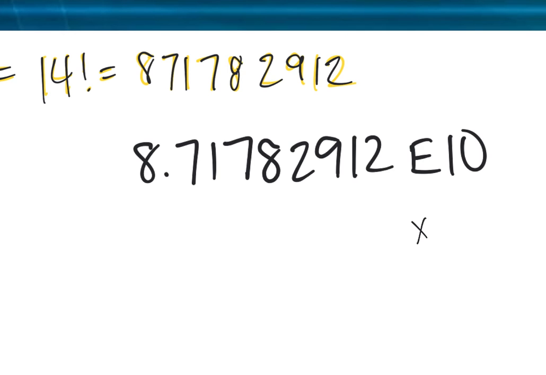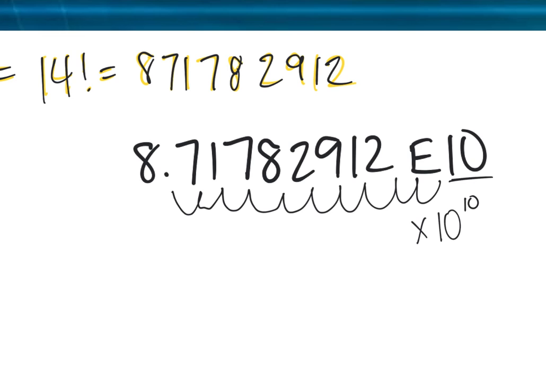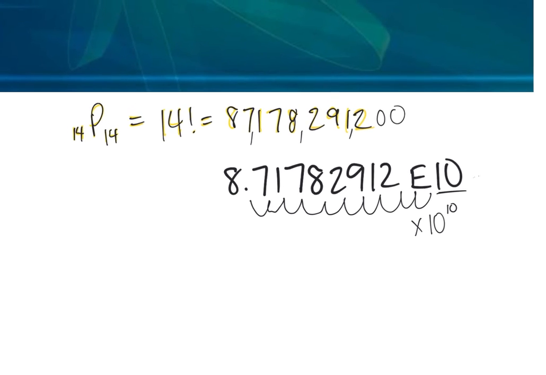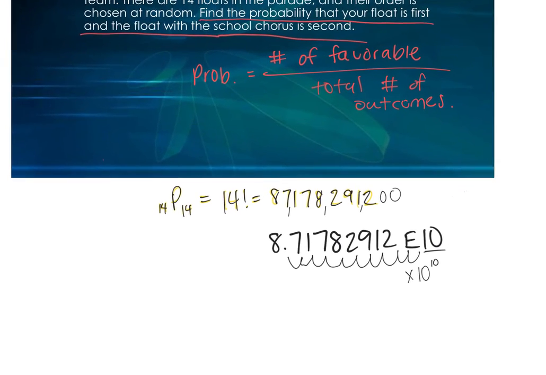This E is times 10, and then this is your exponent to the 10th power. So you're going to move your decimal place 10 units. So we're going to move over 1, 2, 3, 4, 5, 6, 7, 8, 9, 10. So we're going to add 2 zeros, and this is our answer, okay? 87,178,291,200. Okay, so that's the total number of outcomes.